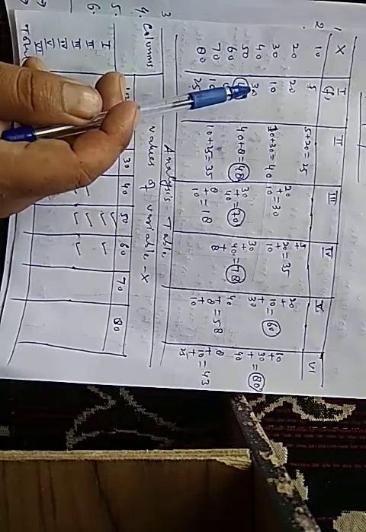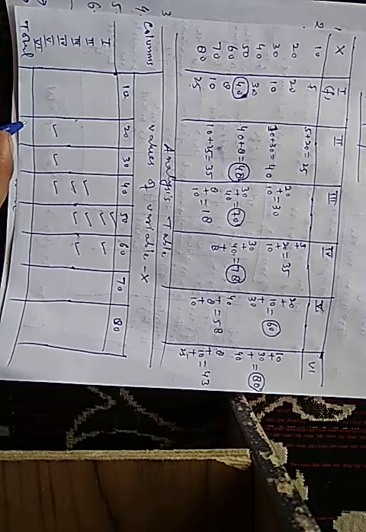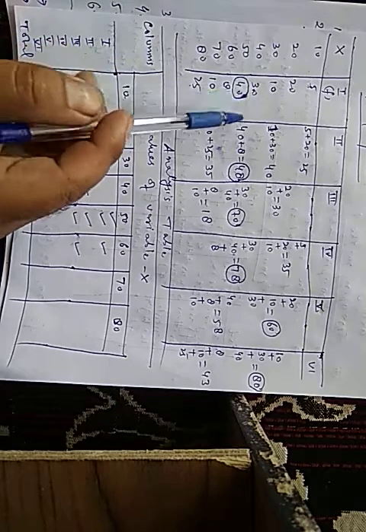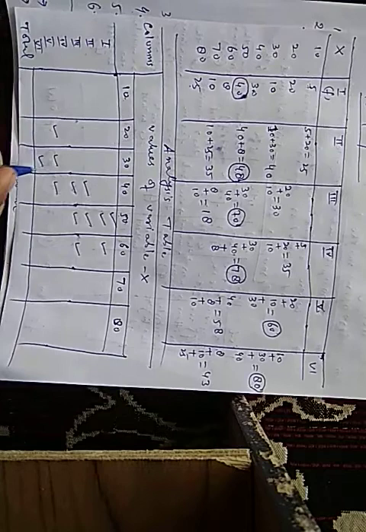Therefore, 30, 40 and 50. Against these we have to write tick marks.